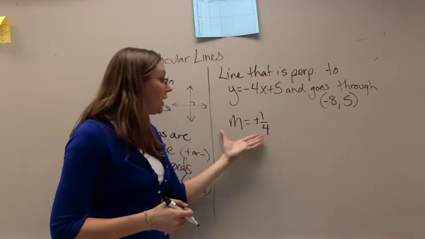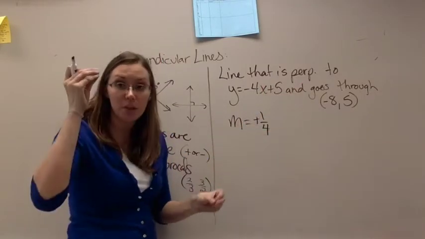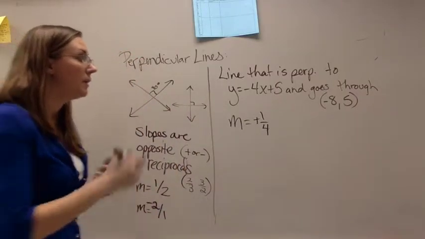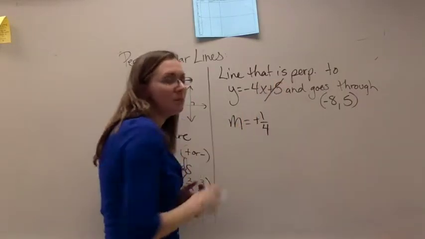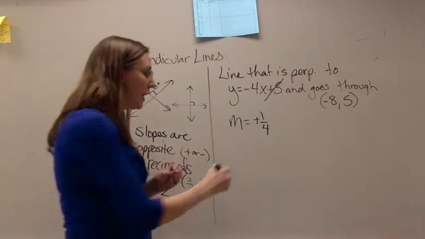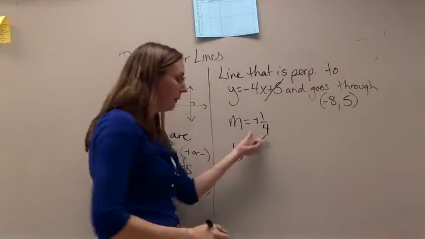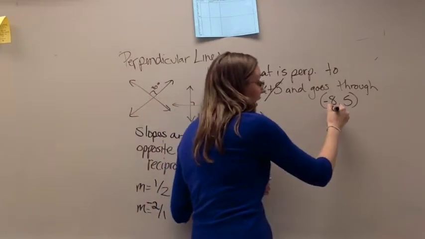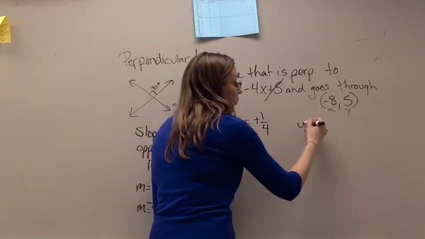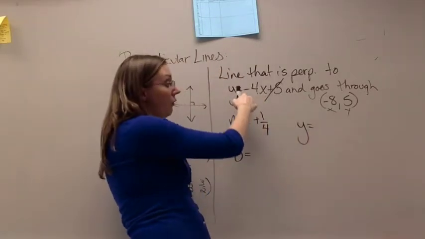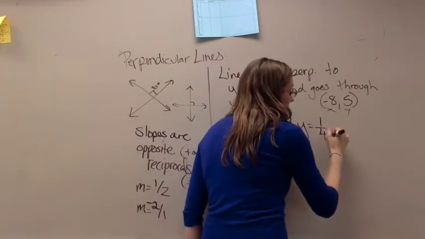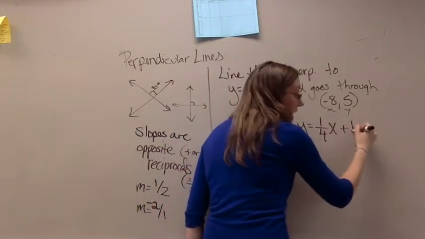Again, we didn't have to do a formula. You just need to memorize the rule and the relationship between perpendicular slopes. Now, plus 5 doesn't matter, just like it didn't when we were doing parallel. To find my b, I'm going to plug in my m, I'm going to plug in an x and a y, and I'm going to get out my new b value. So I have y equals not negative 4. Remember, I flipped and switched. I got 1/4 times x plus b.